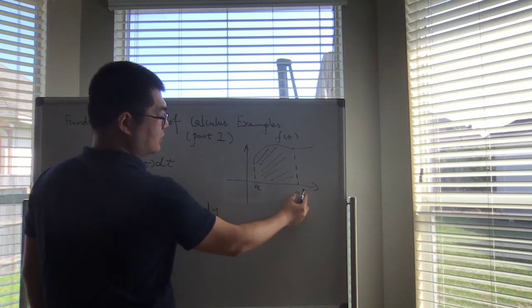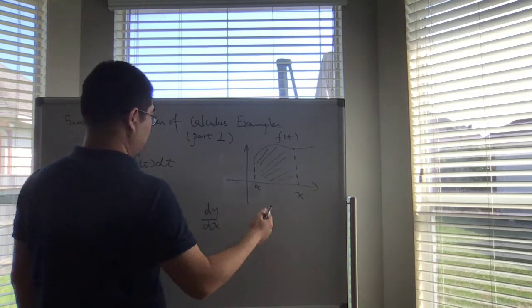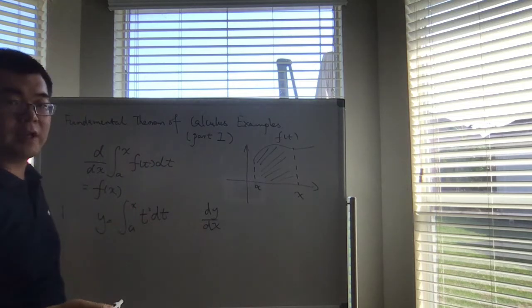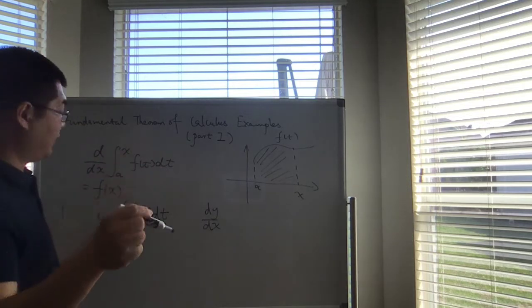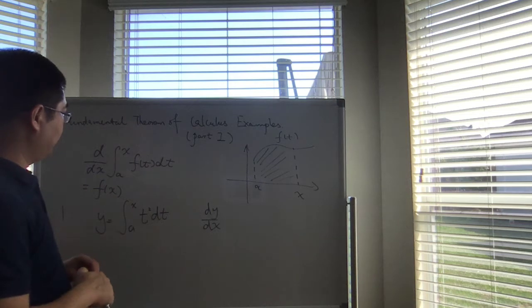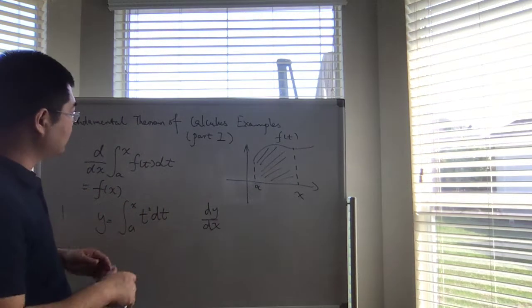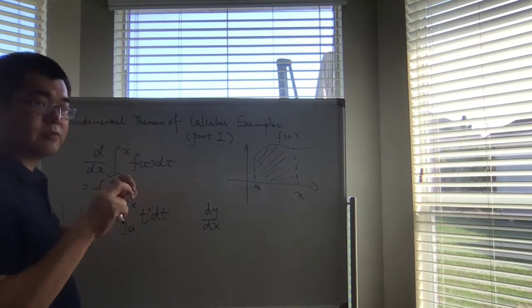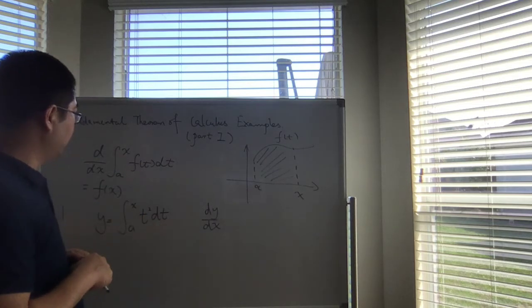But since x is moving, this integral actually stands for a function, which we also have a name for, capital F of x, right? And as you can see, this is also linked to the antiderivative function in section 4.8.